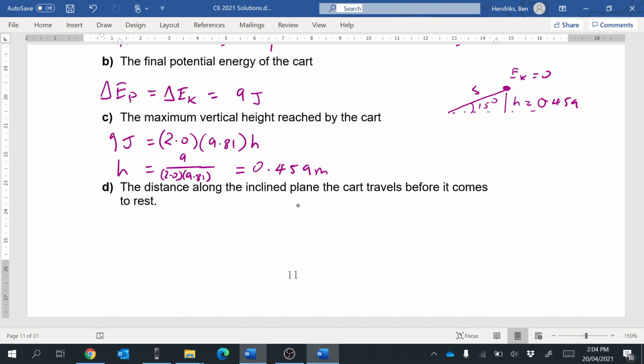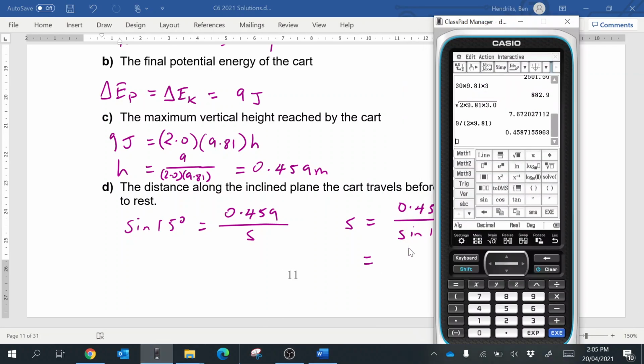So we know that sine of 15 degrees, remembering SOHCAHTOA, is equal to opposite over hypotenuse, so 0.459 divided by S, our distance. To rearrange this, we can times both sides by S, then divide by sine of 15. So S is going to be equal to 0.459 divided by sine of 15 degrees.